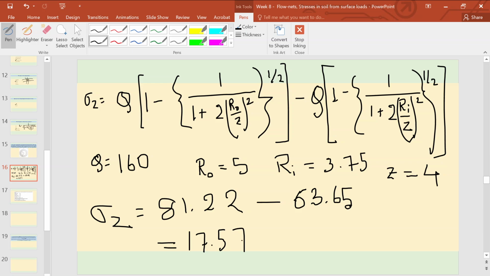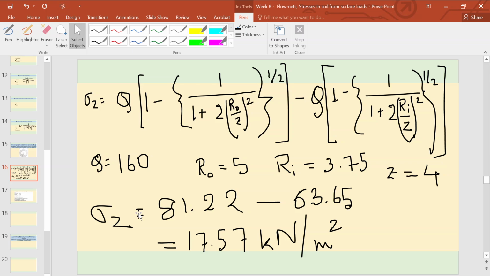Is this something you are getting by subtracting? Yes, this is the value after subtracting in kilonewton per meter square or kPa, whatever. So I think it is clear to you how to solve this using the Westergaard formula.